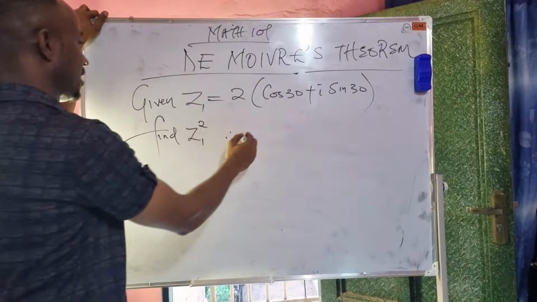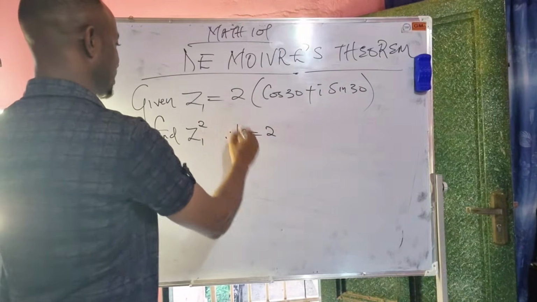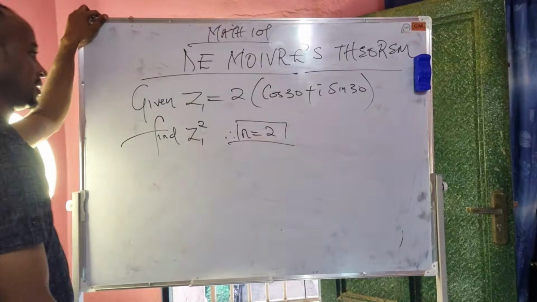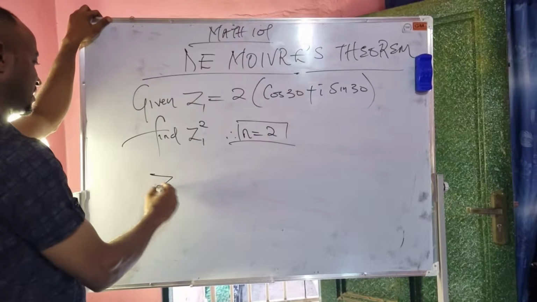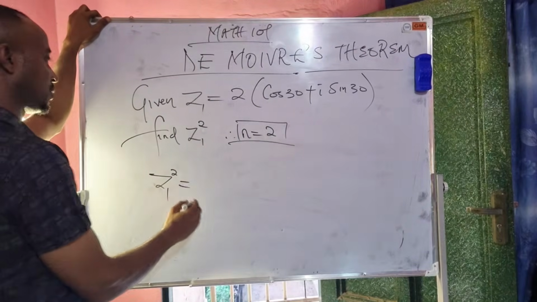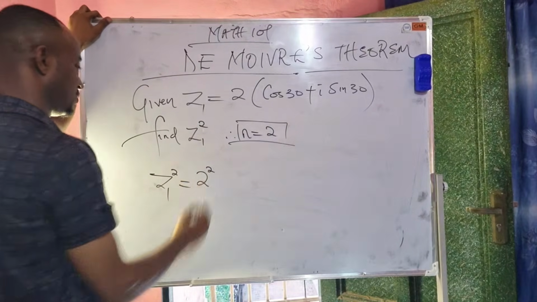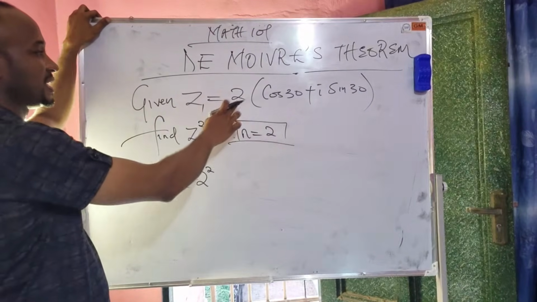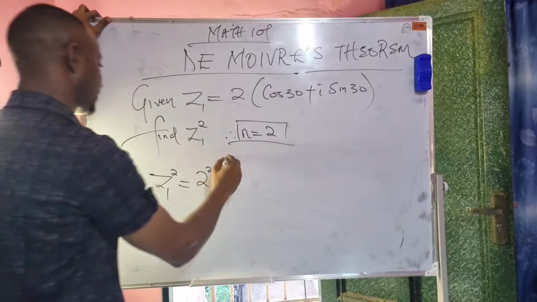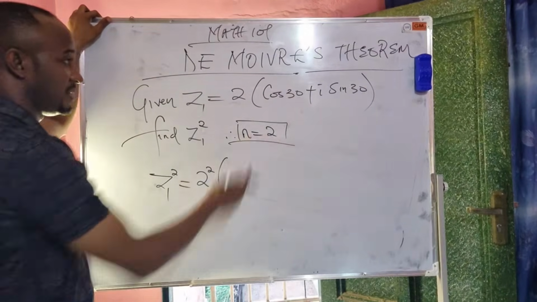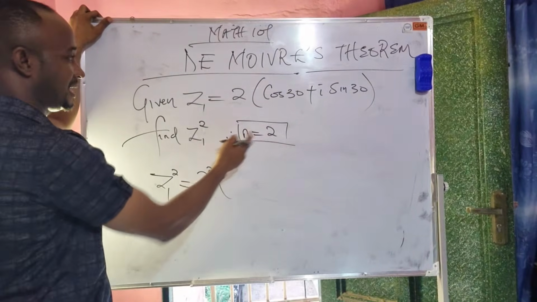Here our n is equal to 2. So applying De Moivre's theorem, z1 squared equals 2 raised to 2. The rule says I have to raise this r to the power of n, then multiply the angle by n, and n is 2.